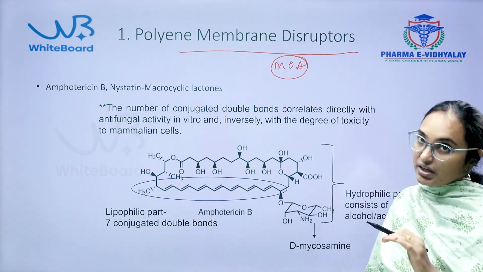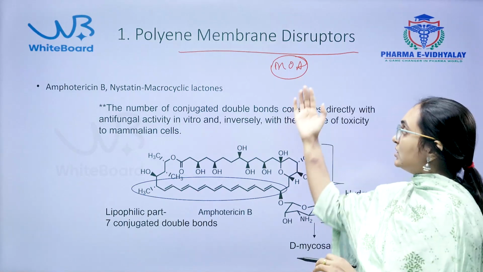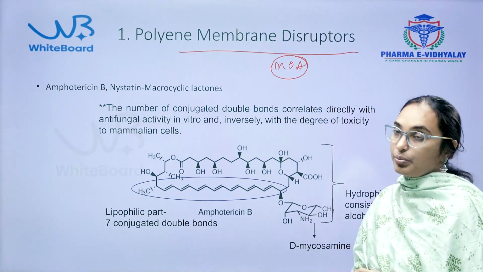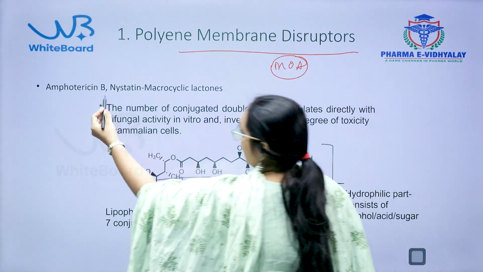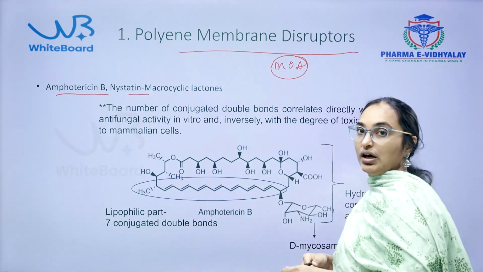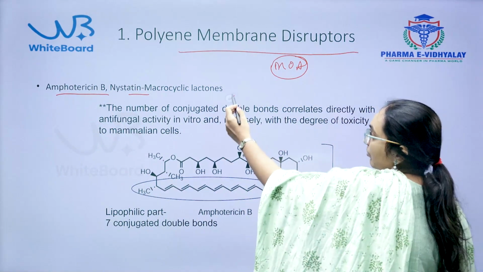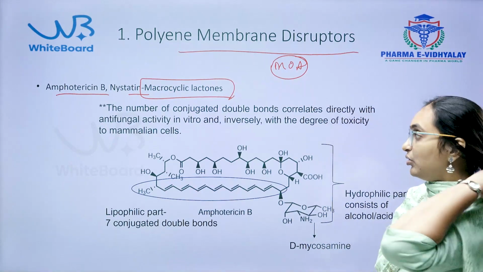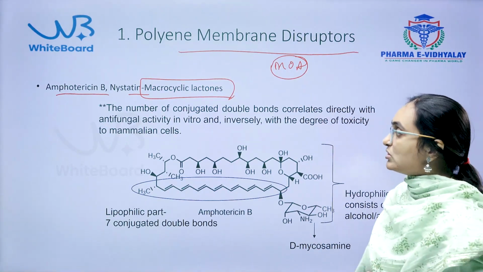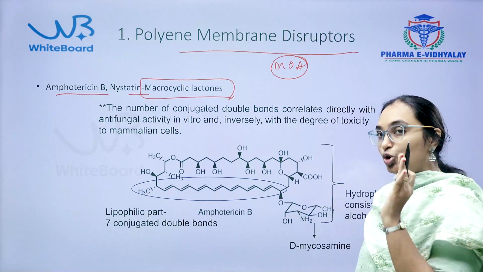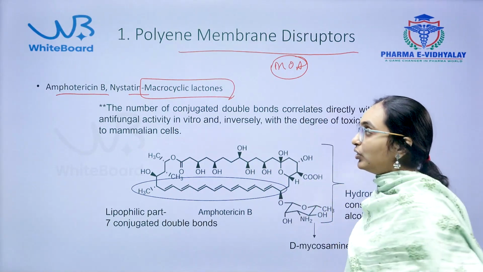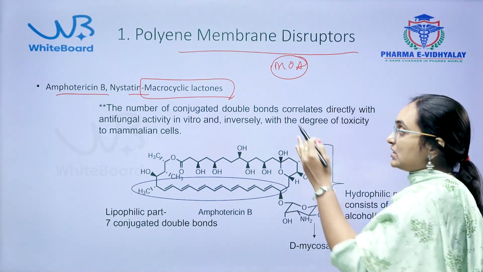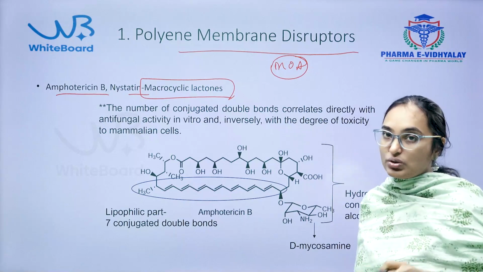Amphotericin B, nystatin and griseofulvin are antibiotics. Examples are amphotericin B and nystatin, and these are macrocyclic lactones. Macrocyclic lactones means the structure of amphotericin B or nystatin has a lactone structure which is macrocyclic.